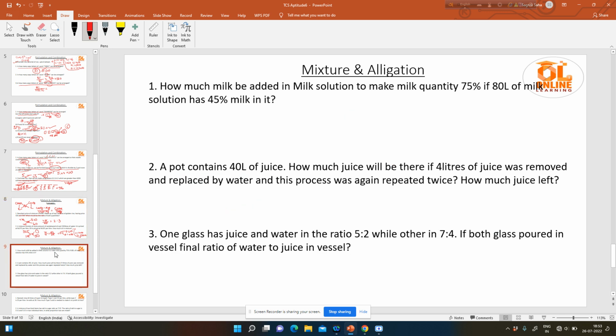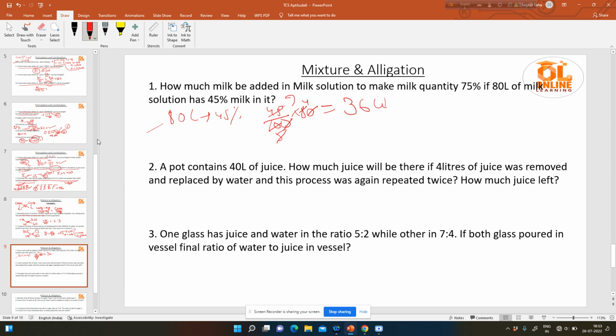So, next question. How much milk must be added to a milk solution to make the milk quantity 75%, if 80 liters of milk solution has 45% milk in it? So, 80 liters of solution has 45% milk. What is 45% of 80? If you do it, 36.